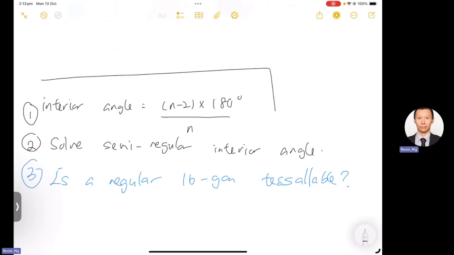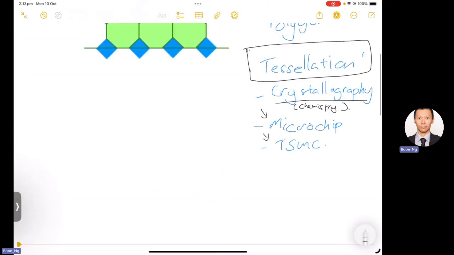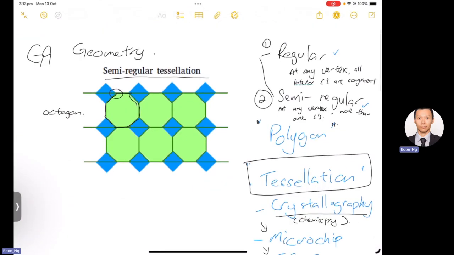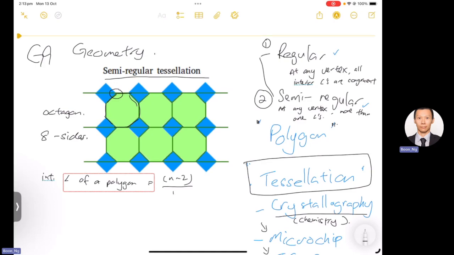To calculate the interior angle, we can use this formula. So an octagon has 8 sides, and the interior angle of a polygon can be calculated as n minus 2 divided by n times 180.